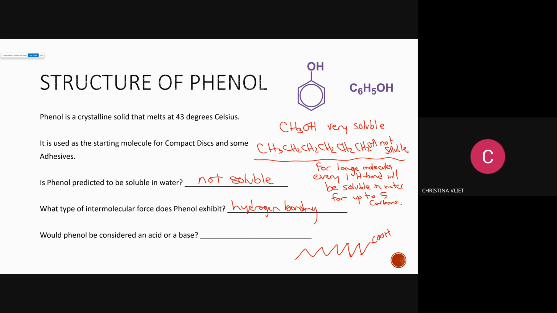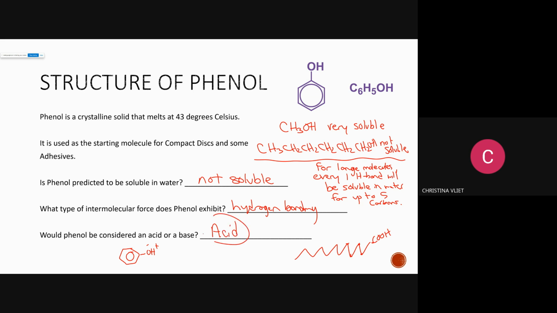Or maybe it is what you think. It has an OH. These delocalized electrons in here, are they positive or negative? Negative, right? This oxygen is also negative. What happens when a hydrogen is next to a lot of negative groups? It starts to become positive. So phenol is actually what? An acid.